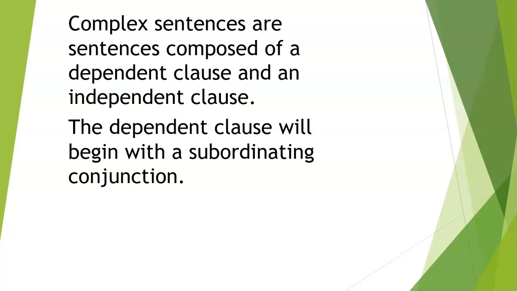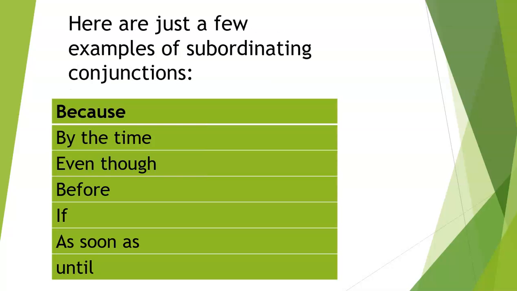The dependent clause will begin with a subordinating conjunction, and together these two clauses will make a complex sentence. Here are just a few examples of subordinating conjunctions. So we have because, by the time, even though, before, if, as soon as, and finally, until.